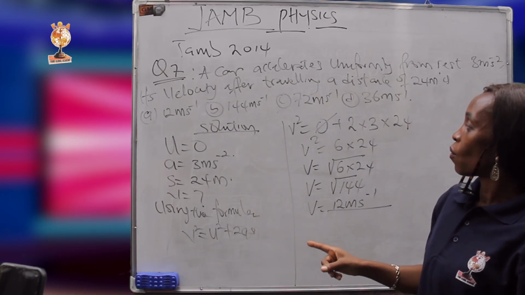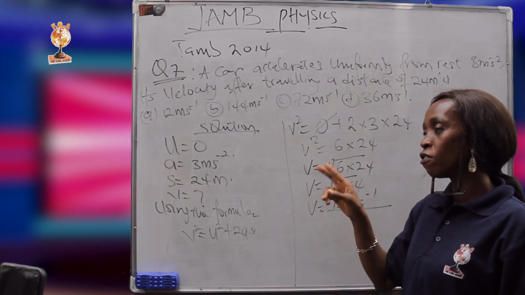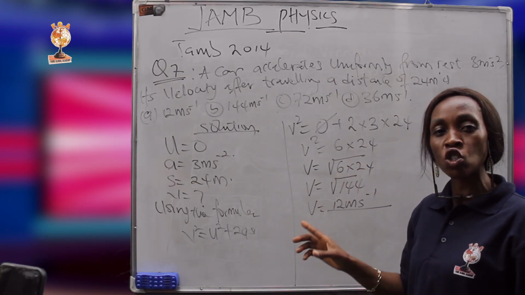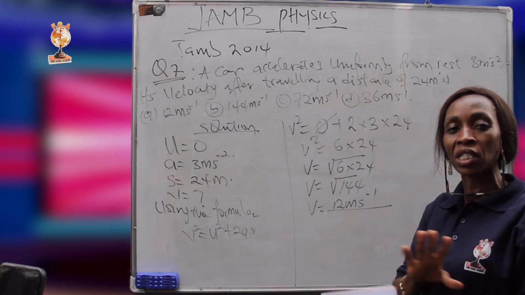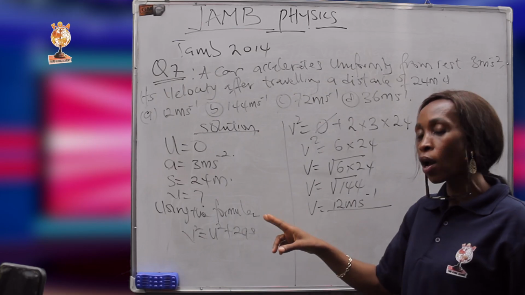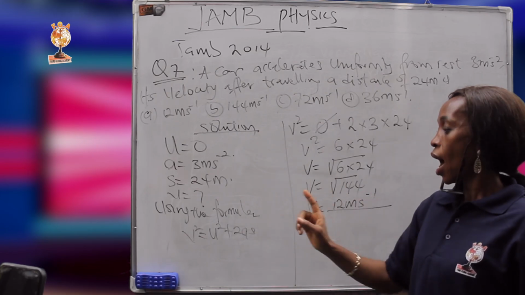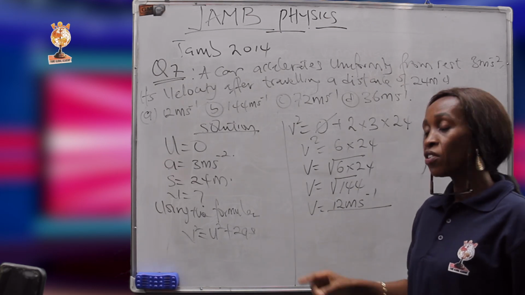So we have two different formulas to find velocity. The first one is V is equal to U plus AT. It does not fit the question because I'm not given time. But the second, V squared is equal to U squared plus 2AS, is a perfect formula for this because I am given acceleration and distance.